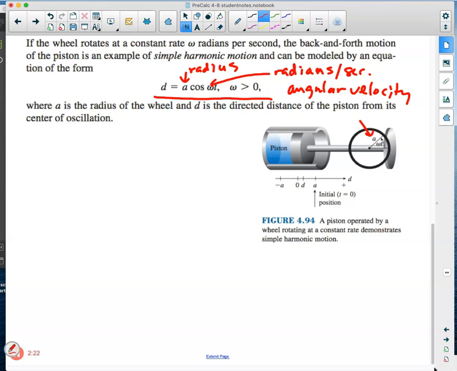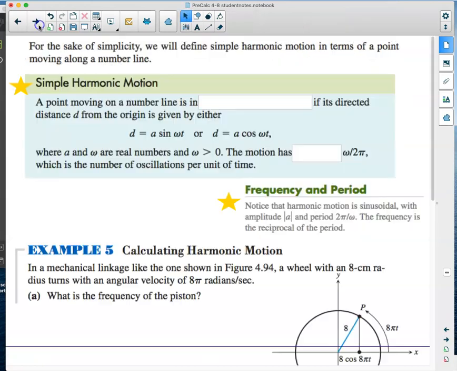And we see that along with the omega, angular velocity, times the time gives us a little circular drawing there. And that's how we connect all of this up to our simple harmonic motion. And they're showing us that we have this initial position at time 0, and then the piston is going to move back and forth and back and forth.